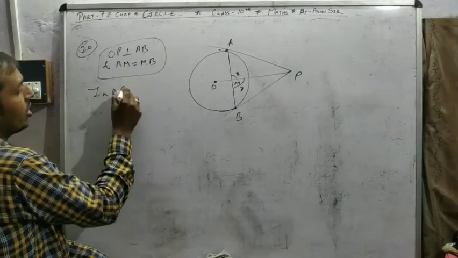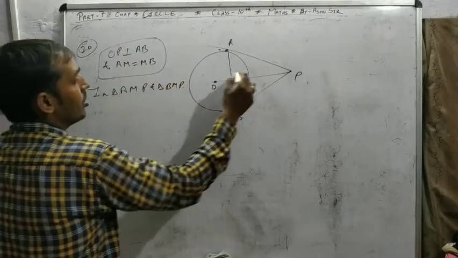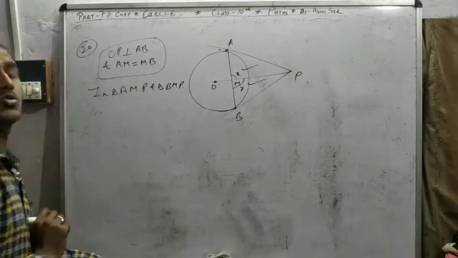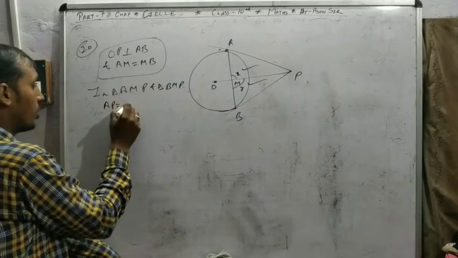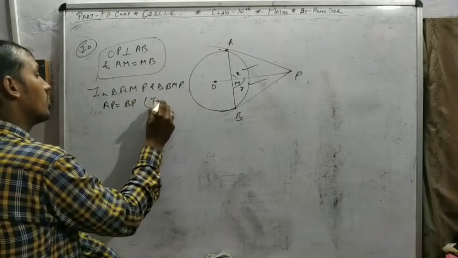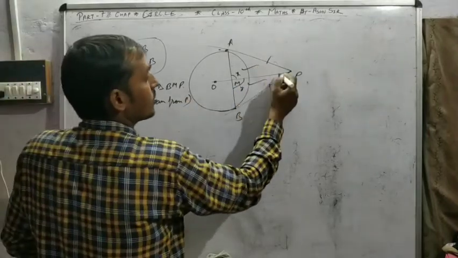In triangle AMP and triangle BMP, we take these two triangles and want to prove them congruent. AP is equal to BP, tangent from P equal.